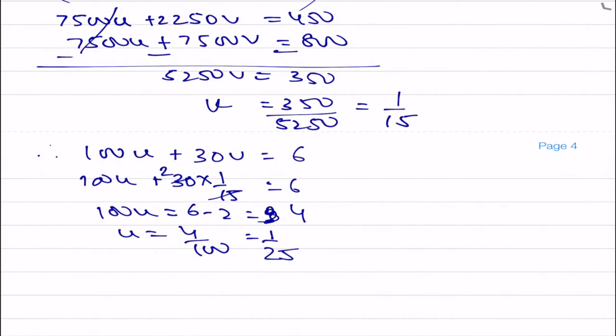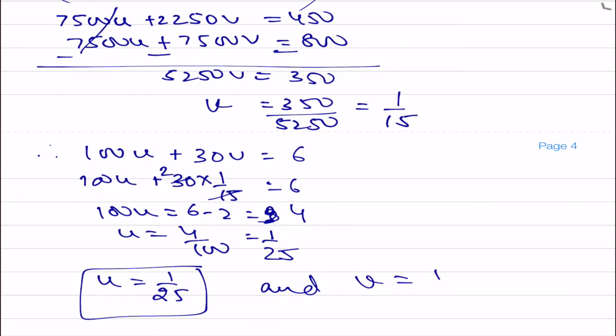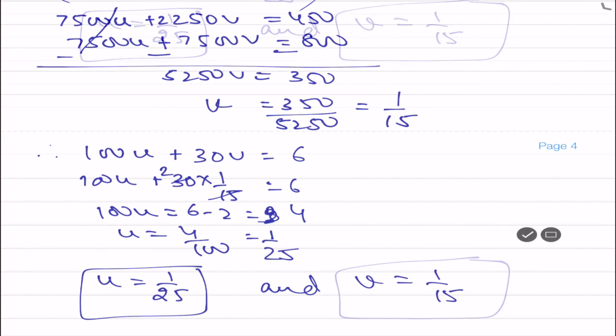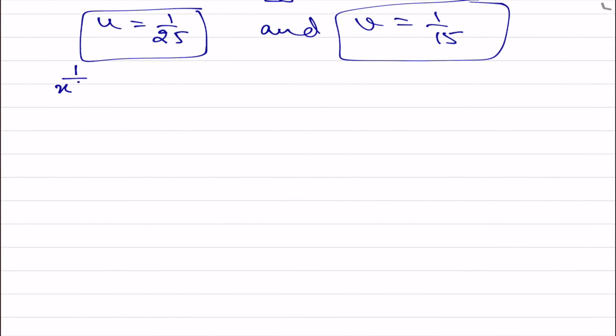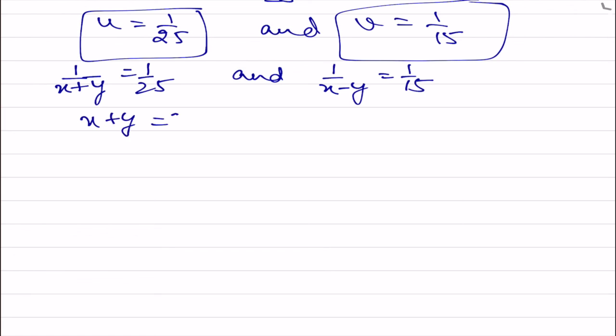After solving this, children, we have got the value of u as 1 upon 25 and the value of v as 1 upon 15. Question is not finished yet. After that we will again put the value of u, that is 1 upon x plus y is equal to 1 upon 25, and v, 1 upon x minus y is equal to 1 upon 15.